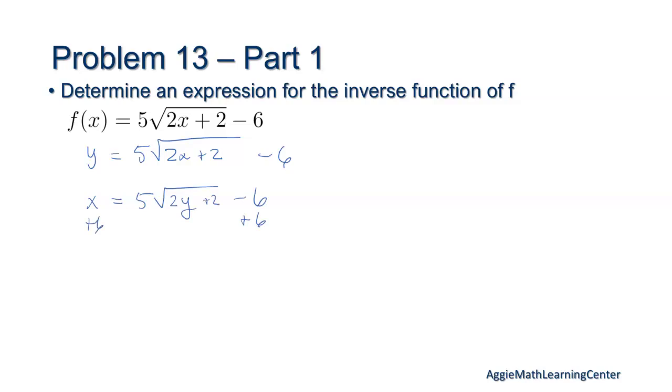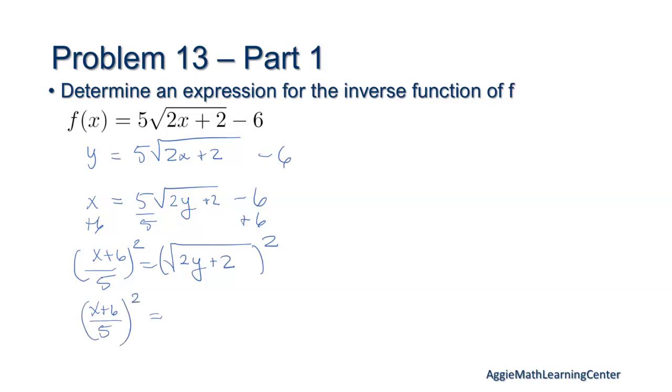So I'm going to add 6 to each side, and then divide by 5 right after that. And that gets me to here. And then I need to square the square root to get rid of it, which means I have to square the other side. And that leaves me with x plus 6 divided by 5, squared, equals 2y plus 2.